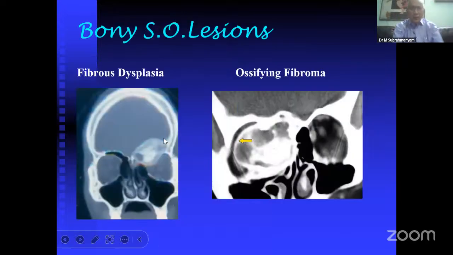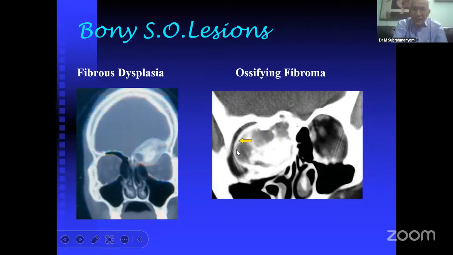Other important bony space occupying lesions are fibrous dysplasias. Fibrous dysplasias involve the flat bones of the face. So orbital involvement is quite common. In fibrous dysplasia, you see a ground glass appearance with the bone that is being thickened, with cystic spaces and a bit of calcification.